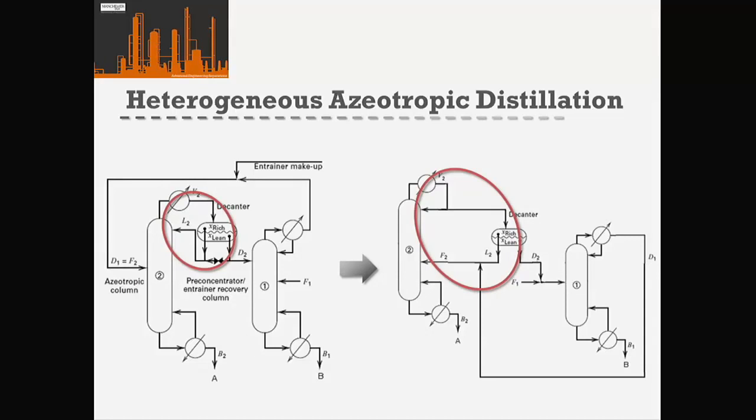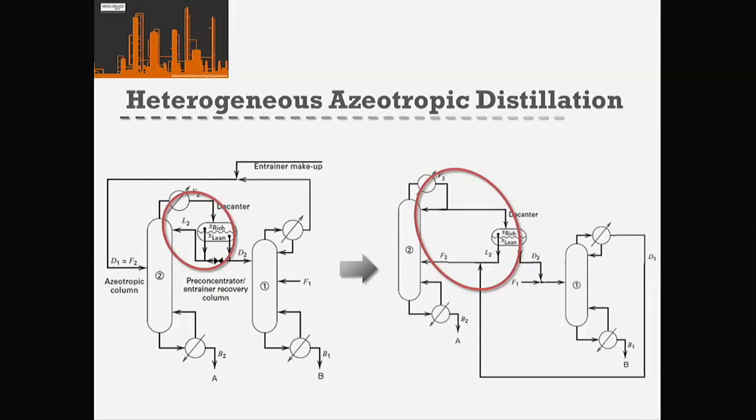So the first part is here. You have your condenser that forms your liquid into your liquid-liquid separation. And then you take one of your liquids to one column and one of your liquids to the other column. Okay? But you also take some of both liquids to your column to get that reflux.